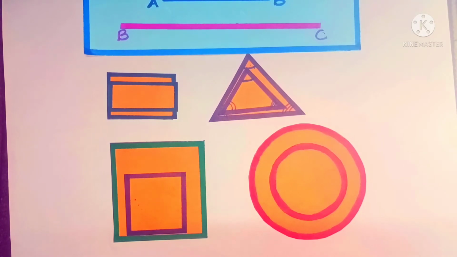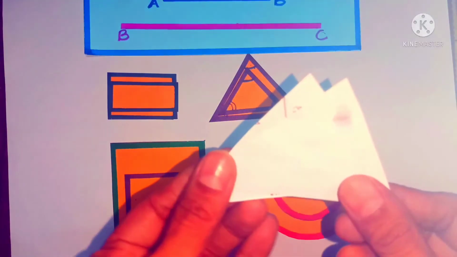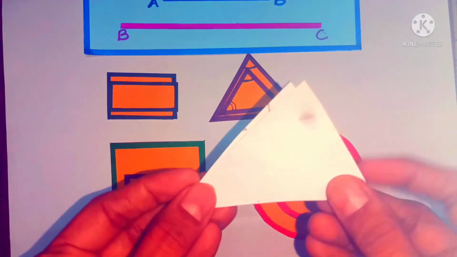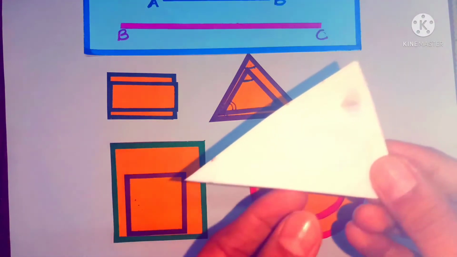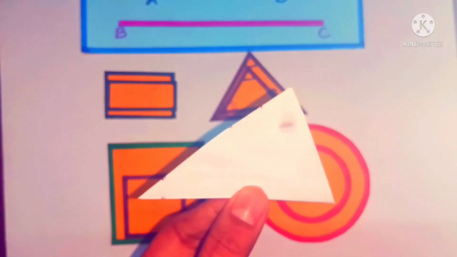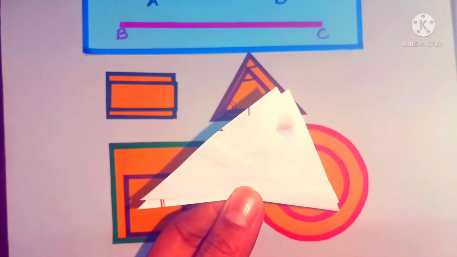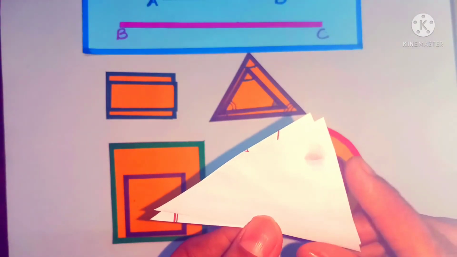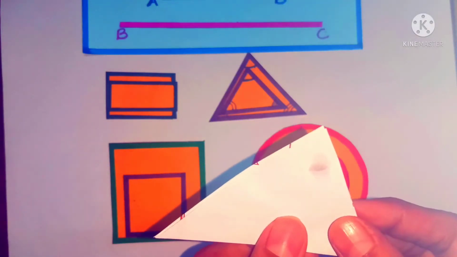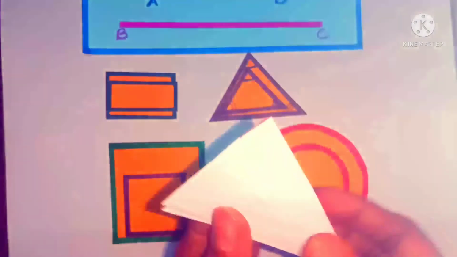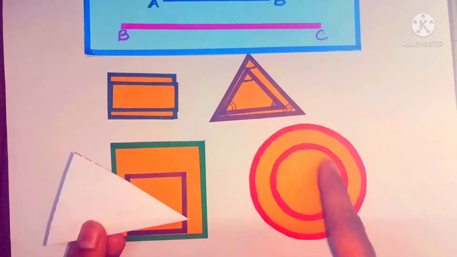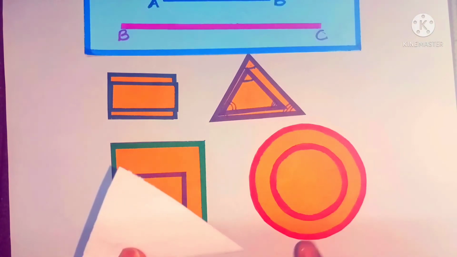Here we have two triangles. If I take these two triangles and keep one over the other, what is happening here? We see that the two triangles have the same shape and same size. Such triangles are called congruent triangles. When I turn this, both triangles overlap each other, whereas these other figures are not overlapping, so we don't call them congruent.